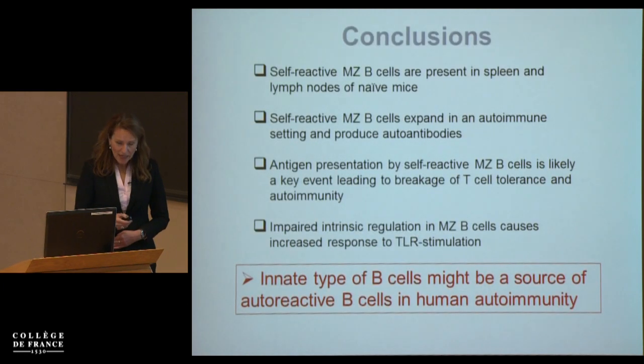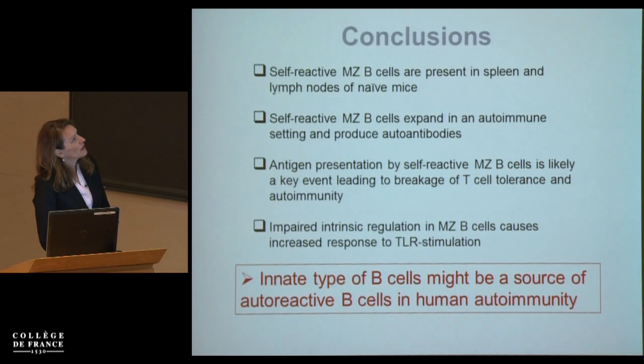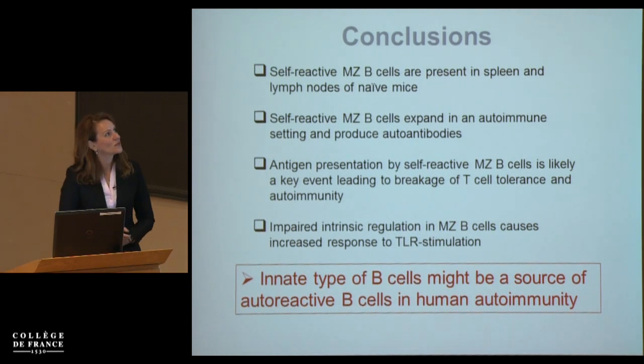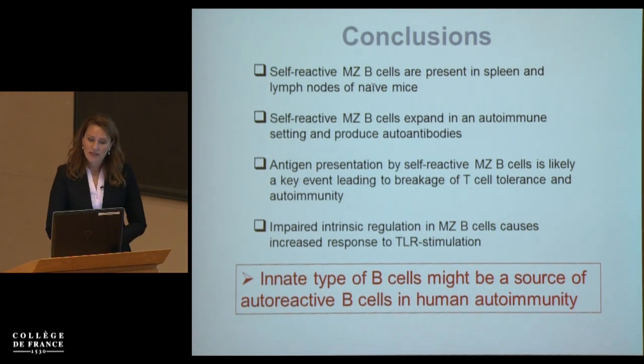So by that I will finish and I will take the conclusions for you. Self-reactive marginal zone B cells are present in the spleen and in lymph nodes of naive mice, which is quite similar to humans, where you also have marginal zone B cells in the lymph node.